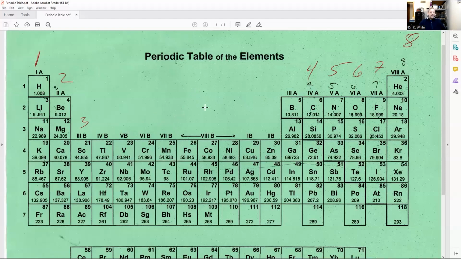And if you look at hydrogen, 1.008 rounds off to 1.01. Sulfur, 32.066. I'm going to let you have time, your turn first, and I'll do that. Round that off to 3 significant figures.